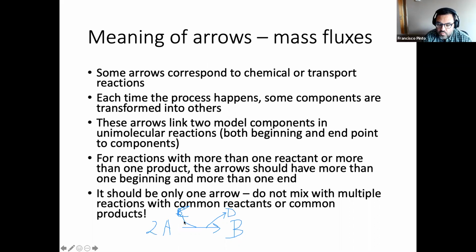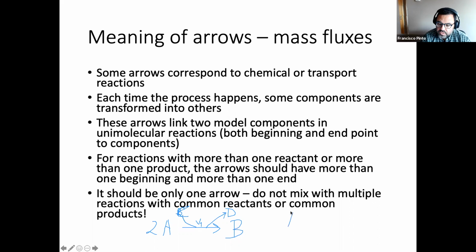So you need two molecules of A and one of C to give origin to a molecule of B and D. And knowing this is important because that is going to affect both the rate constant or the rate equation and how the rate expression is going to be introduced in the differential equation, because if two molecules of A give origin to D and B, then, imagine that this is the V1 process that has a rate expression.